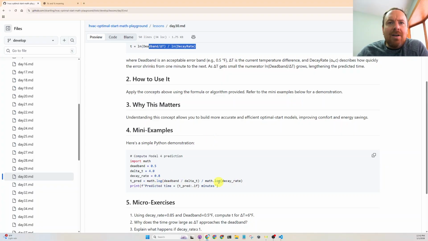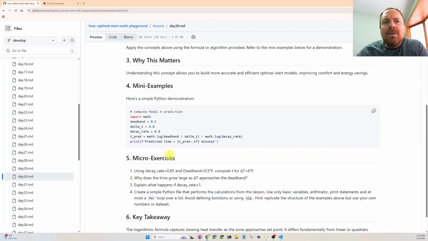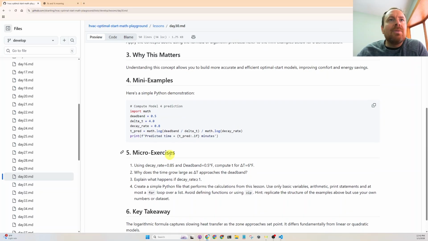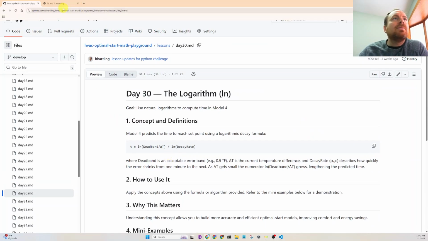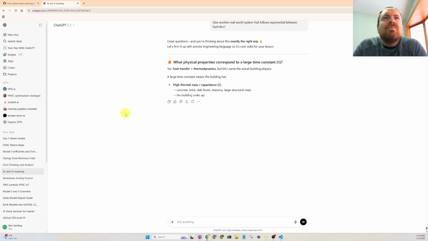We take the log of the decay rate. So it gets into a bit more of the logarithmic type of math. So cool, that'll come tomorrow. Okay, it looks like it timed out, so I might just restart you.